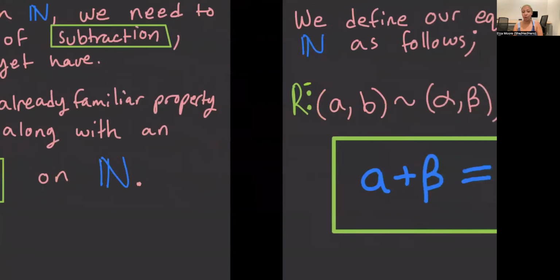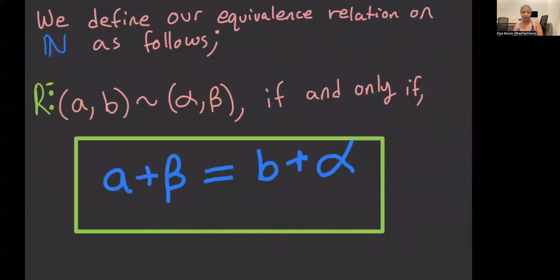So we define our equivalence relation on N as follows. I've called it just R, I don't think that that's standard notation, but it's what I'm using. Two ordered pairs (a, b) and (alpha, beta) are related to each other if and only if a plus beta equals b plus alpha.